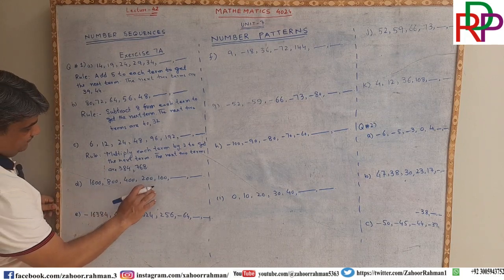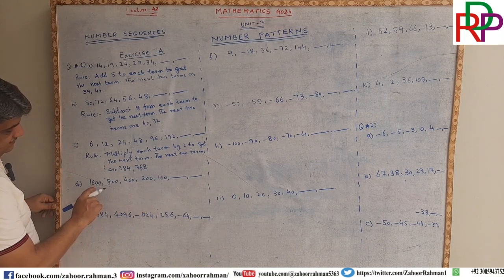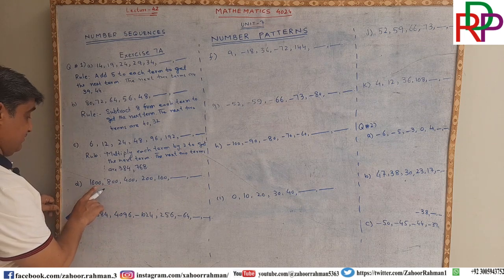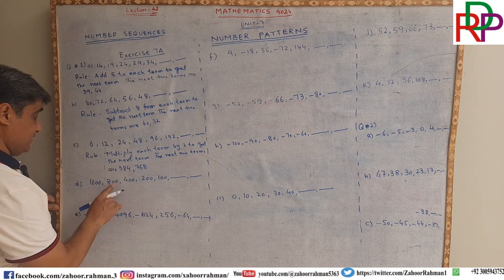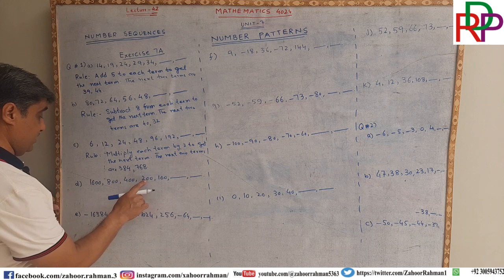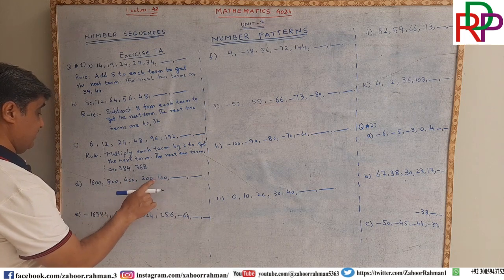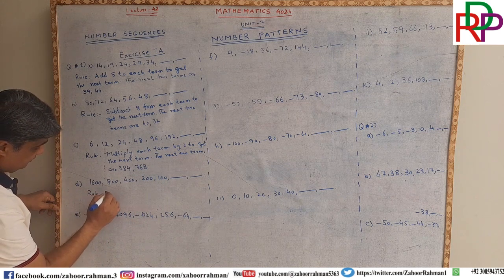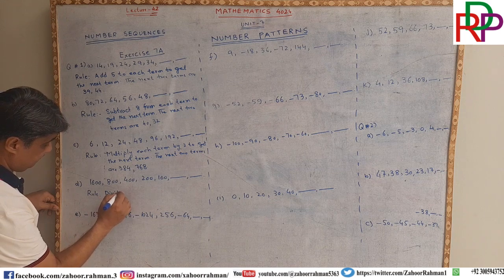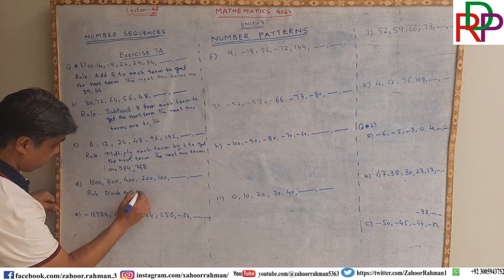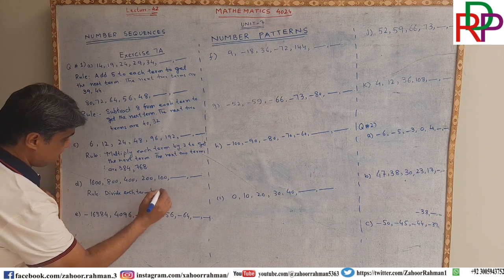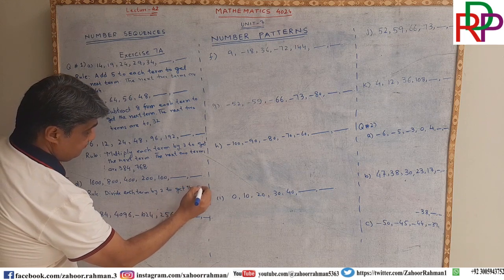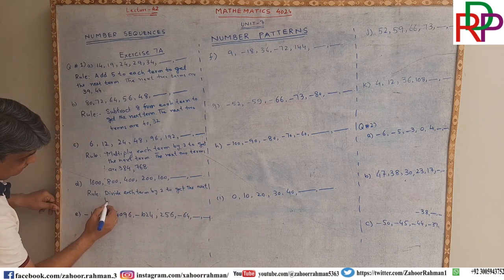Here you have to look first. 1600 and 800: it means that 800 is half of 1600, and 400 is half of 800. Similarly, 200 is half of 400 and 100 is half of 200. So the rule is: divide each term by 2 to get the next term.